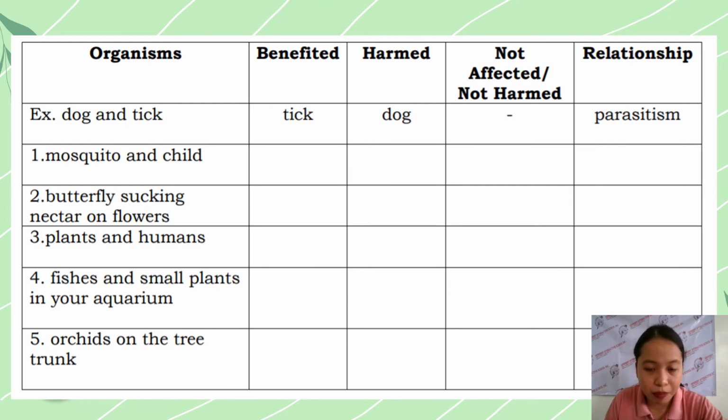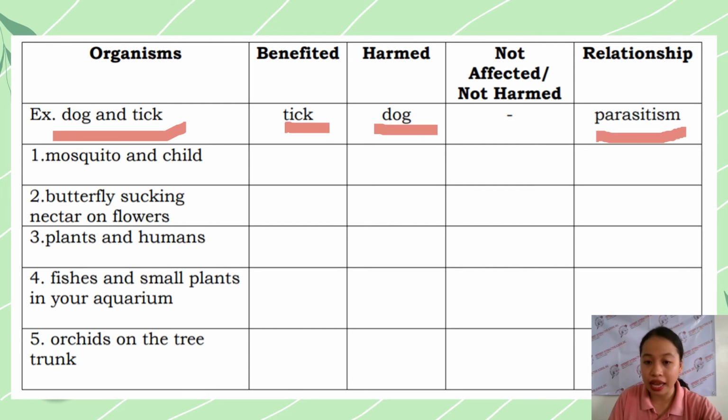I gave an example in the first row: the dog and a tick. Which is benefited? Of course, the tick. Which is harmed? The dog. Not affected, not harmed: no one. The relationship is parasitism.